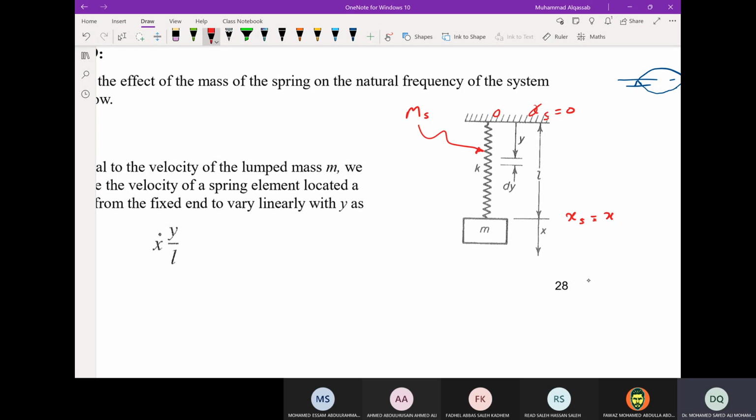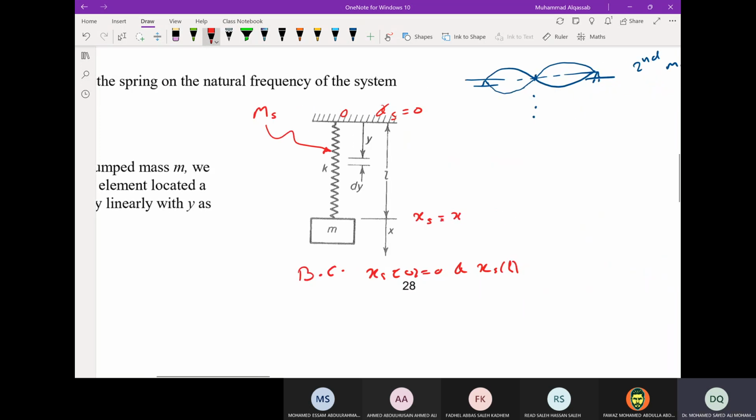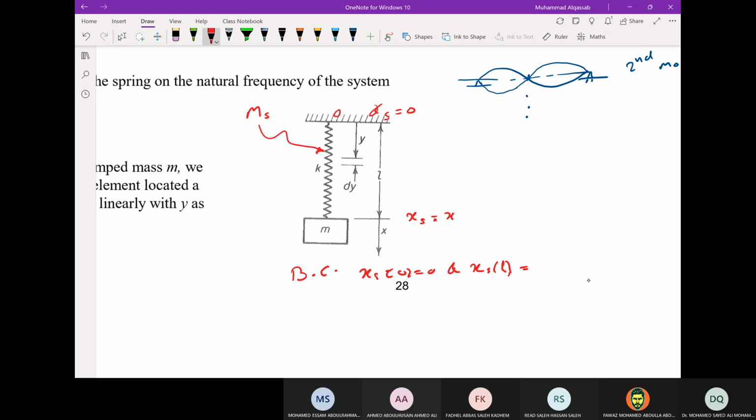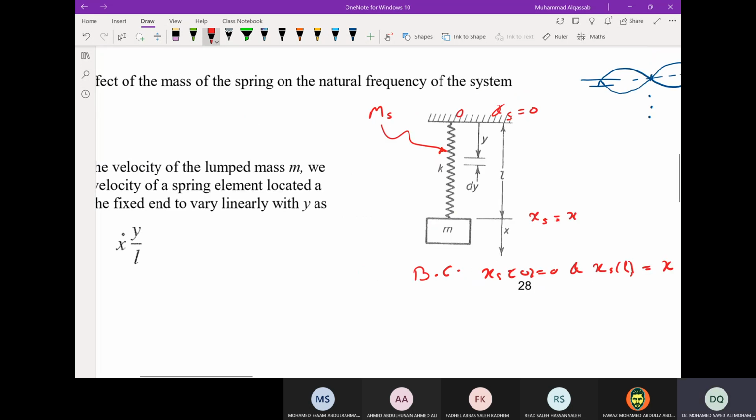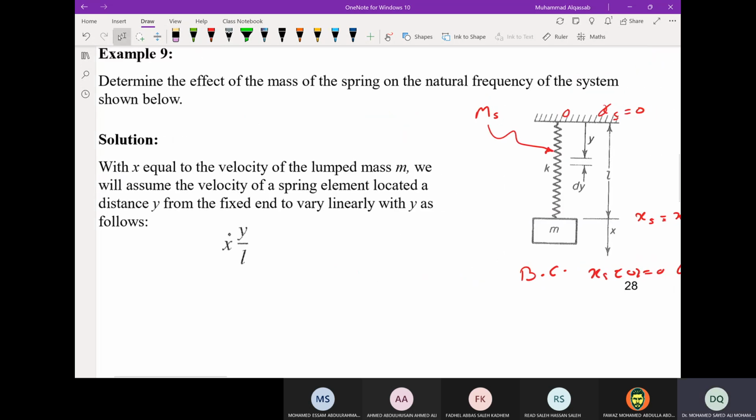So the boundary conditions are that xs at y equal to 0 is 0, and at y equal to L it is equal to x. And then you can assume the variation of the displacement is linear.